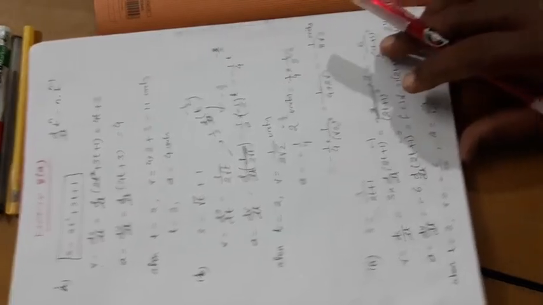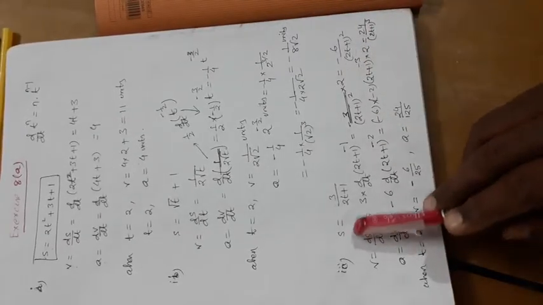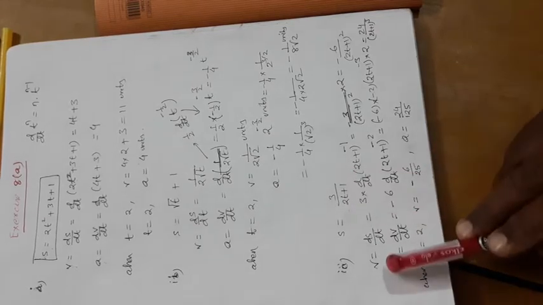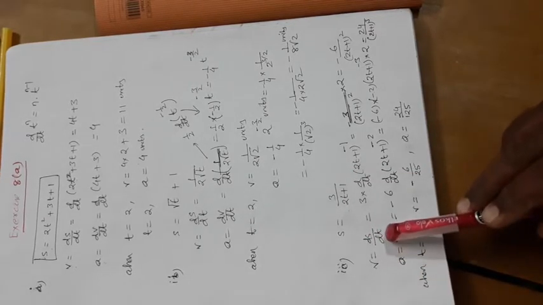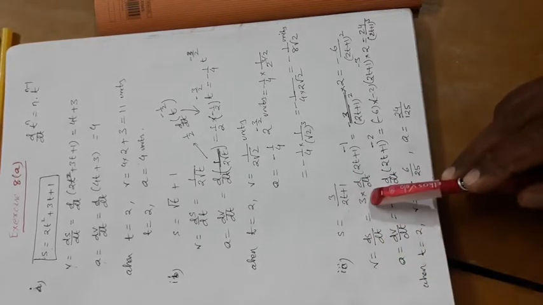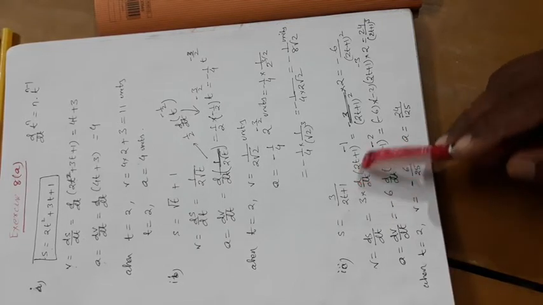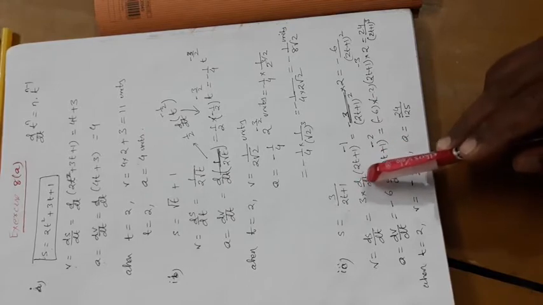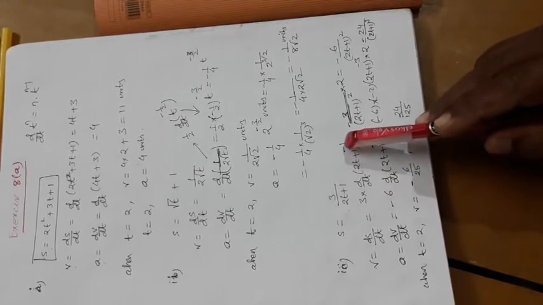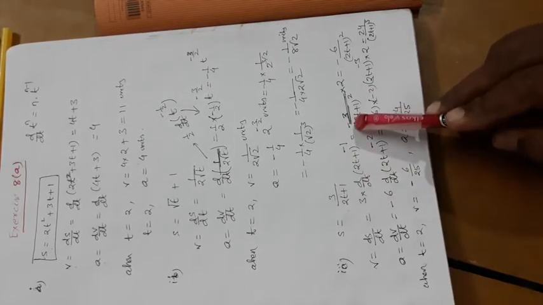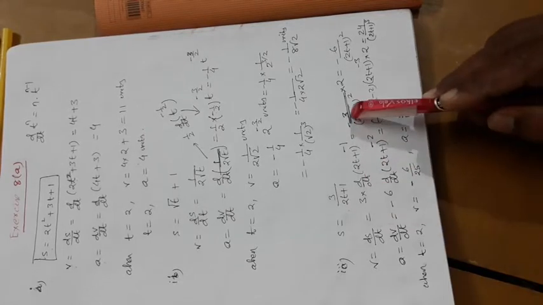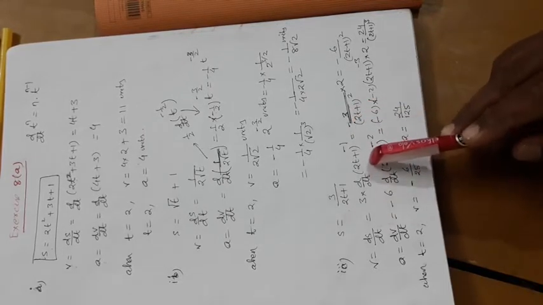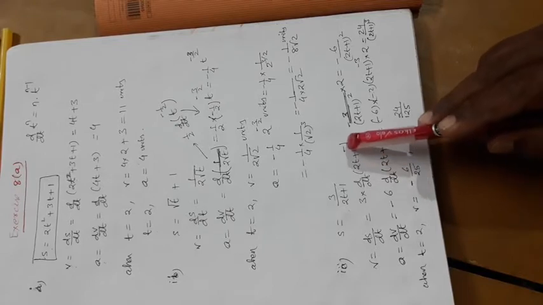Okay. Now see, third bit. S is equal to 3 by 2t plus 1. Velocity is what? ds by dt. It is 3 d by dt of 2t plus 1 to the power minus 1. And you know the formula of d by dt of anything to the power minus 1. Minus 1 into 3 is coming outside, minus 1 into 2t plus 1 to the power minus 2.